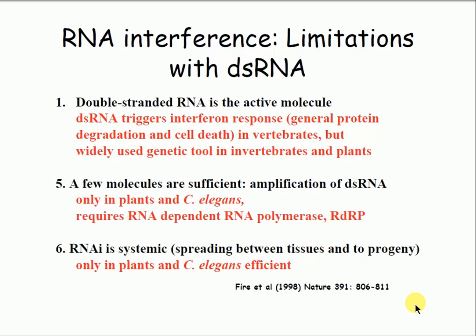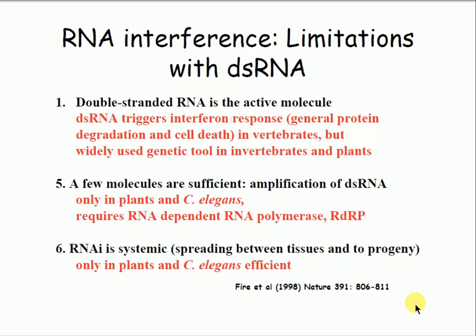This is an antiviral response that basically leads cells to die as a defense against viruses. So long double-stranded RNA is a good tool in invertebrates and plants. It can't be used in mammalian cells. There, only 21 to 23 nucleotide small RNAs can be used to avoid this interferon response.